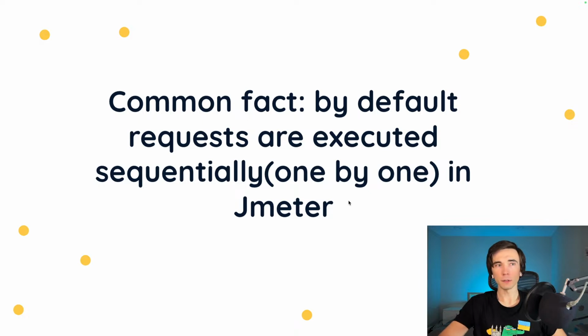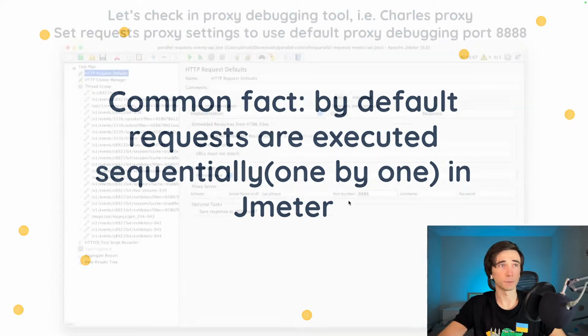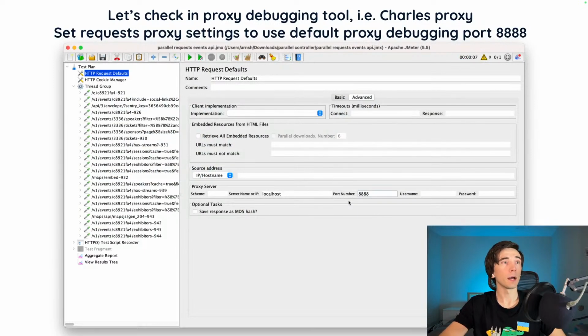So by default in JMeter, all requests are executed sequentially. There is no way out of the box to execute requests in parallel. Everything that you have under your thread group is executed one by one. But just to prove this theory, it's a common fact, honestly, but we can also check it.